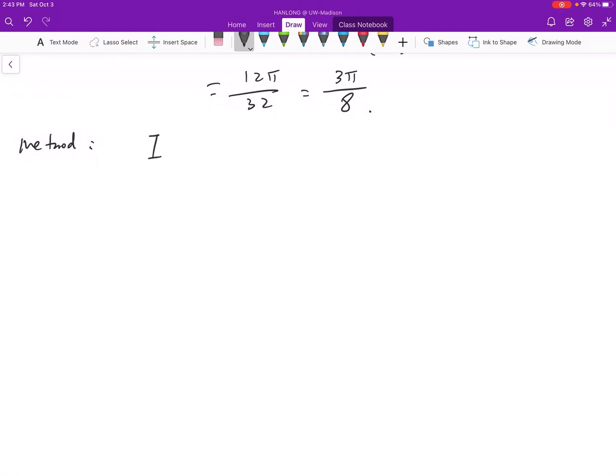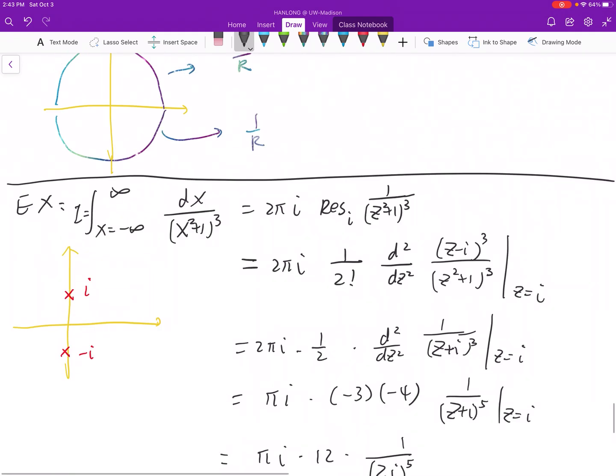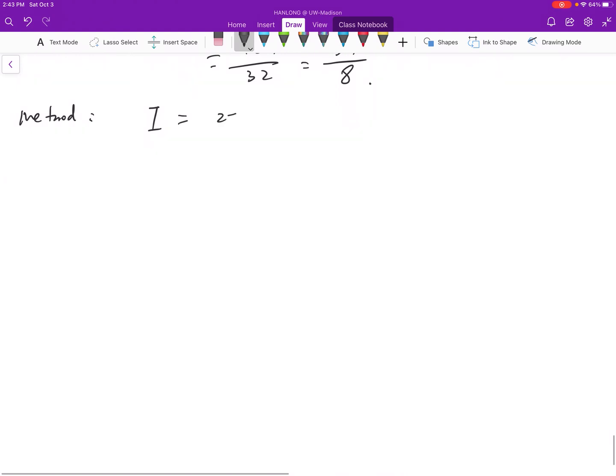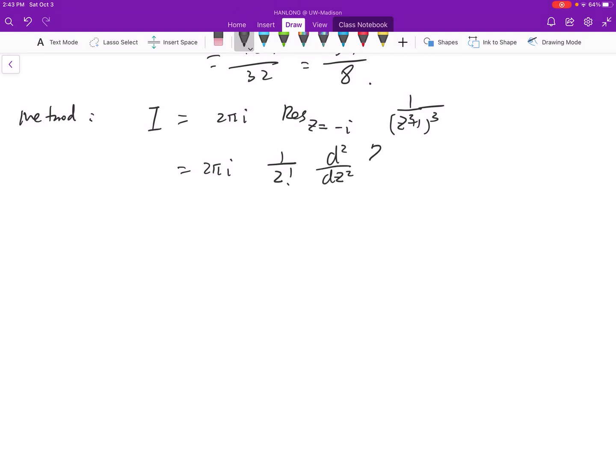Let's denote this integral as I, which equals 2 pi i times the residue at z equals negative i of 1 over (z squared plus 1) cubed. Similarly, 2 pi i times 1 over 2 factorial times the second derivative of (z plus i) cubed times 1 over (z squared plus 1) cubed at z equals negative i.